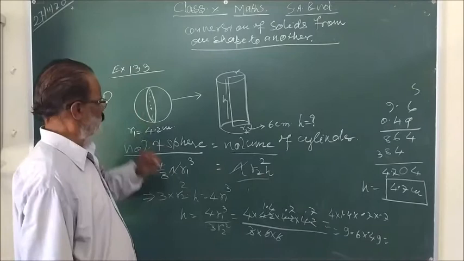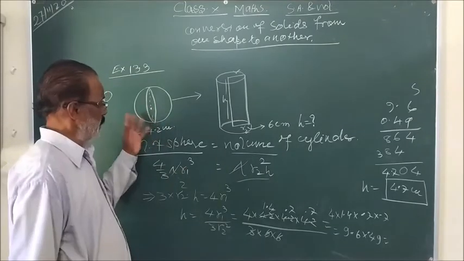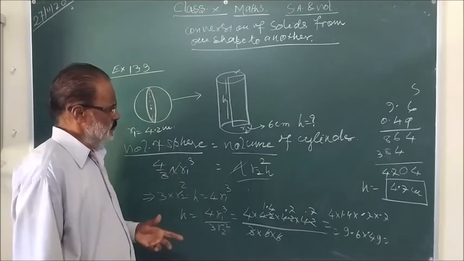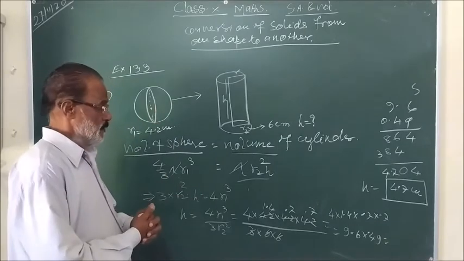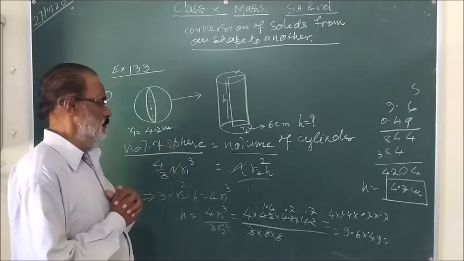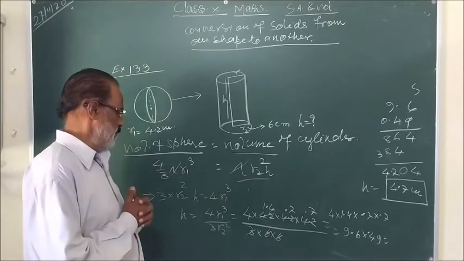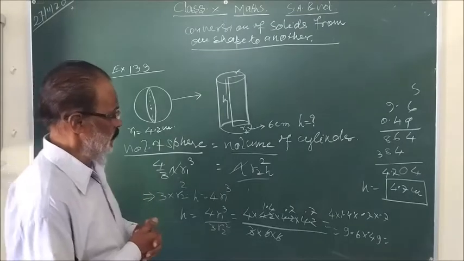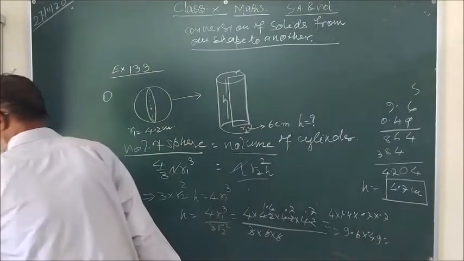When a solid of a same shape is melted and reshaped into another shape, the volume will be equal. The volume of the sphere is equal to the volume of the cylinder. Now you write these formulas, put the values and simplify, and you will get the answer. So this is the solution of question number 1.